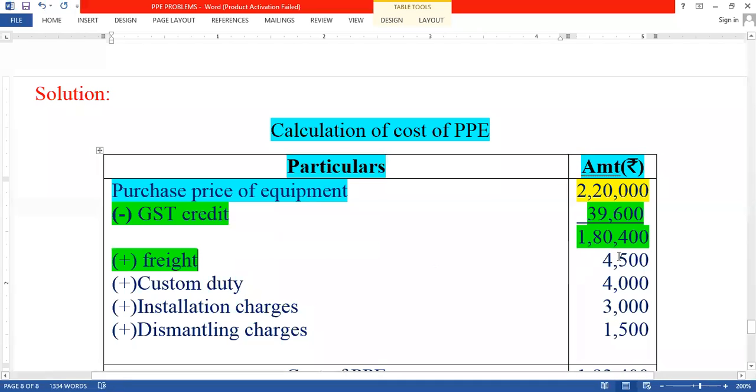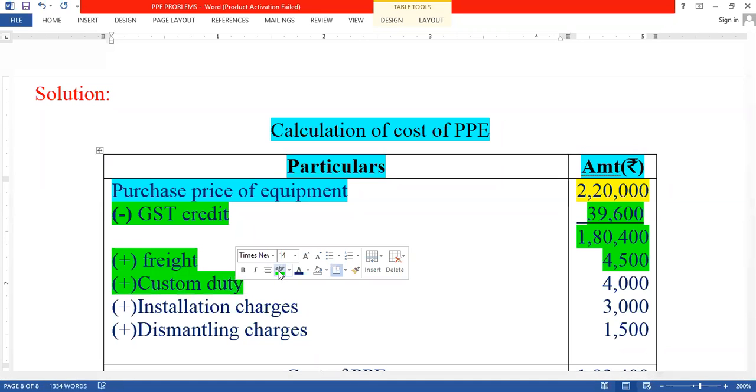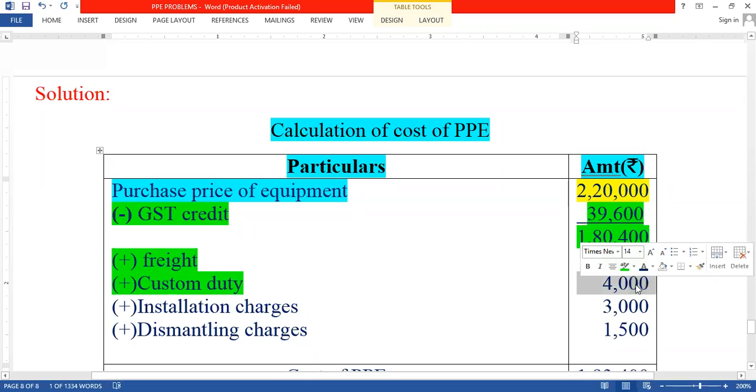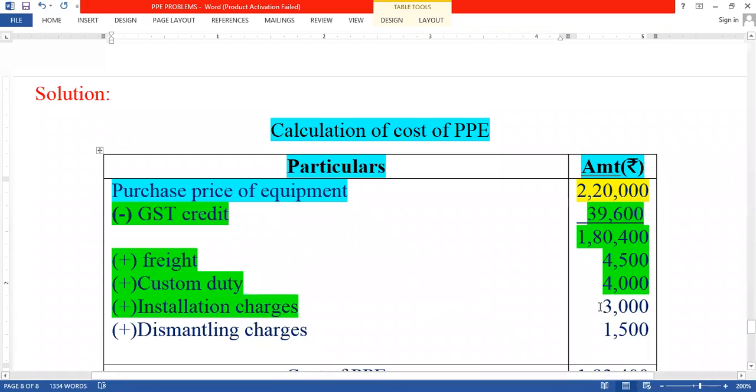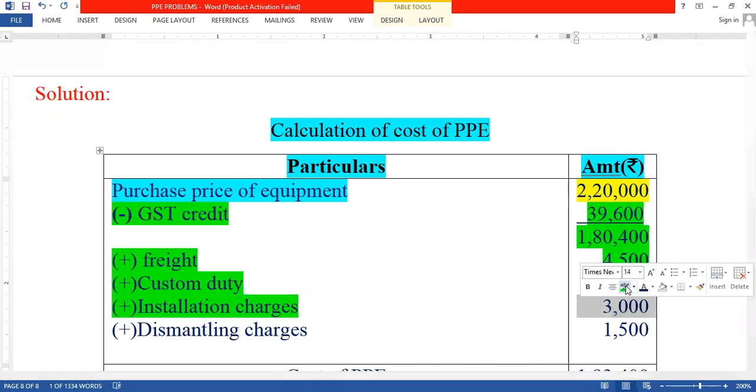How much is the freight amount? 4,500. And you should add the custom duty. How much is the custom duty here? 4,000. And the installation charges, you should add it. It is also an add item, 3,000.